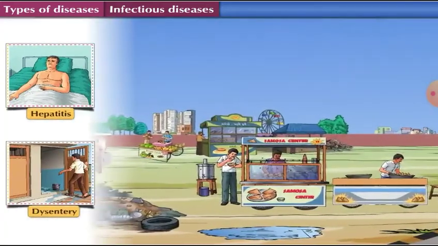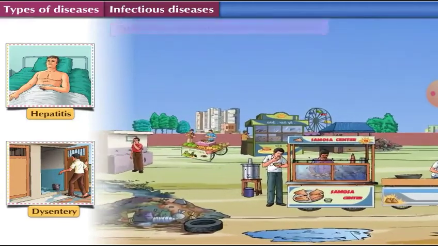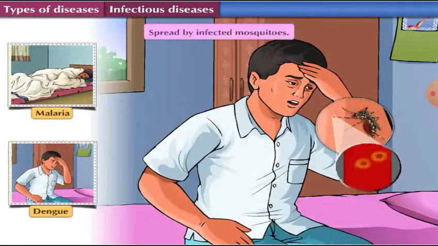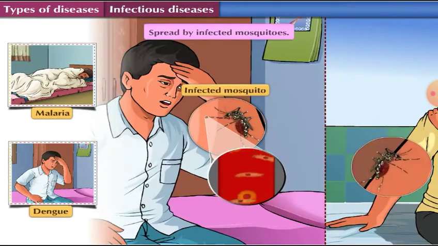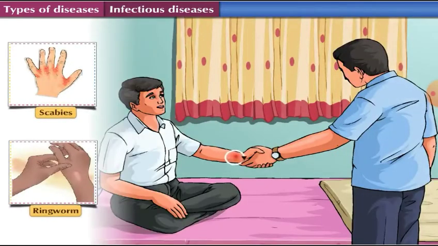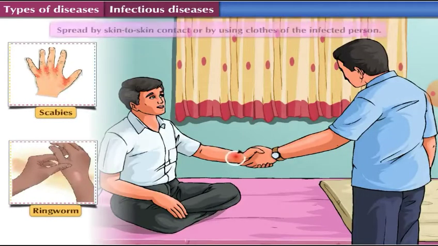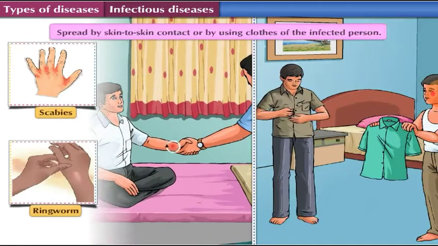Hepatitis and dysentery spread through contaminated water or food. Vectors like infected mosquitoes are responsible for the spread of malaria and dengue. Scabies and ringworm are diseases of skin. They spread by skin-to-skin contact or by using clothes of the infected person.